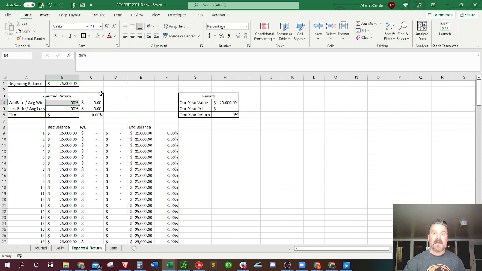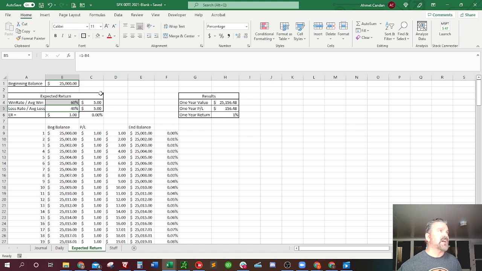Obviously, if we had a magic coin that won 60% of the time and lost 40% of the time, well, after any number of trades, I would expect to win on average, or an average return of $1 per trade. So after 10 trades, I should have $10 in my hand.